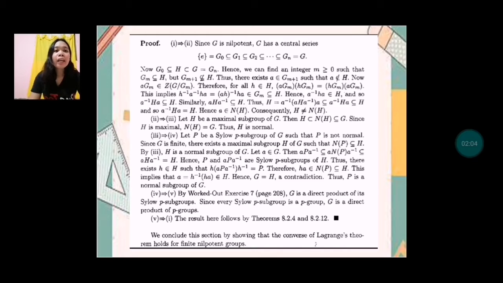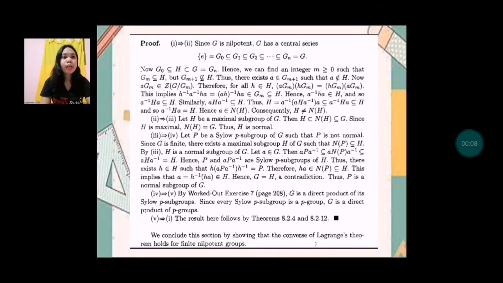This implies that h^{-1}a^{-1}ha equals a^{-1}h^{-1}ha, which is an element of G_m, a subset of H. Hence, a^{-1}ha is an element of H, and so a^{-1}Ha is a subset of H. Similarly, aHa^{-1} is a subset of H. Thus, H equals a^{-1}(aHa^{-1})a, a subset of a^{-1}Ha, a subset of H, and so a^{-1}Ha equals H. Hence, a is an element of N(H). Consequently, H is not equal to N(H).